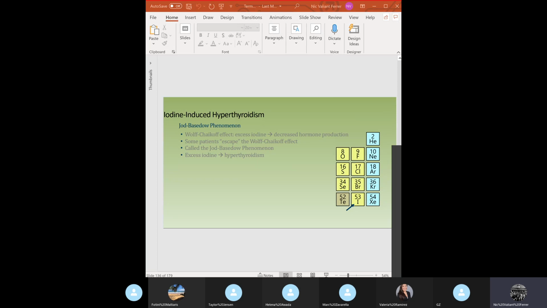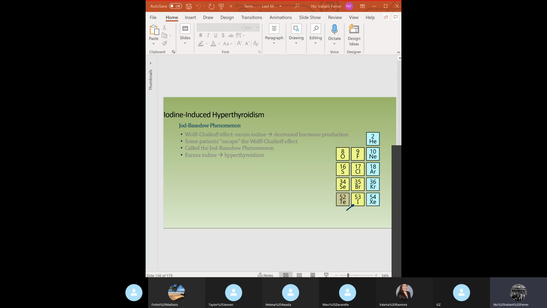Now, the Jod-Basedow phenomenon occurs due to overactivation of the entire thyroid gland. Or more commonly, if you have autonomous nodules within the gland after iodine repletion without feedback control from the pituitary gland.